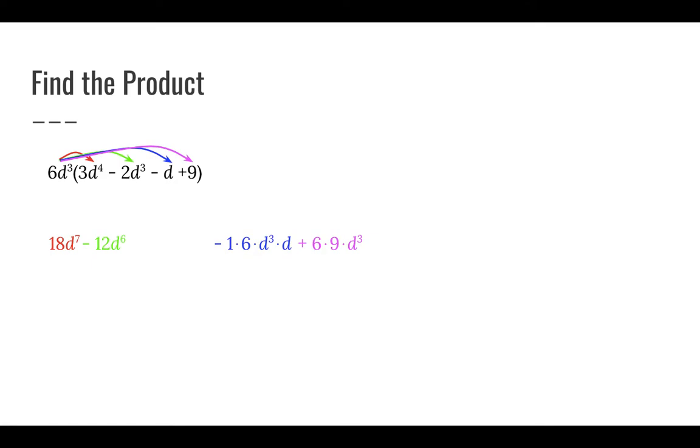Then I have d cubed and a d, so that will give us d to the 4th power. And then finally, 6 times 9, 54. I don't have any other d's to add with the 3rd power, so I will leave it d to the 3rd power. So final answer for this example: 18d to the 7th minus 12d to the 6th minus 6d to the 4th plus 54d cubed.